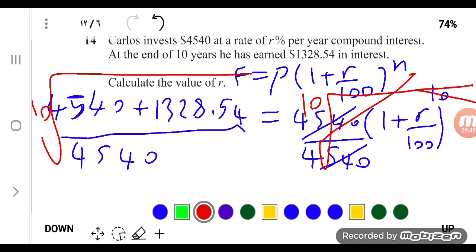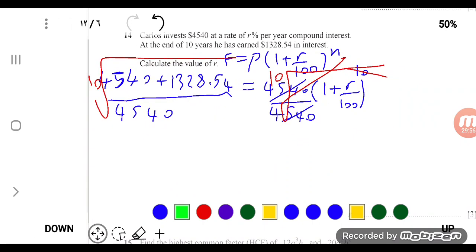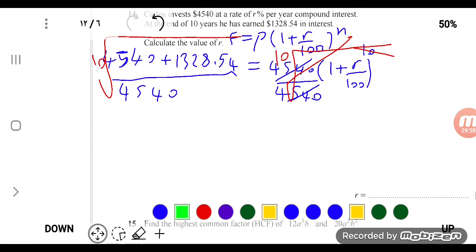So then you have to take 1 to the left hand side. So if you take 1 to the left hand side, let's see what we get.